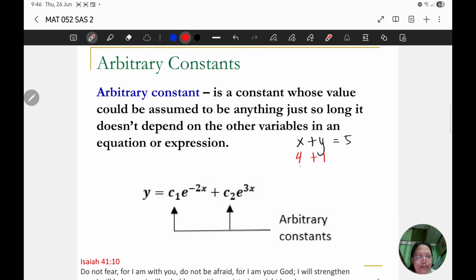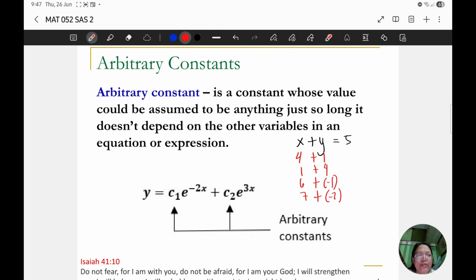Or x can be 1, then y is 4. x can also be 6, and y can be negative 1. Or x can be 7, and y can be negative 2. All of these will result to 5, right? So, arbitrary constants are any values as long as they make the equation true.